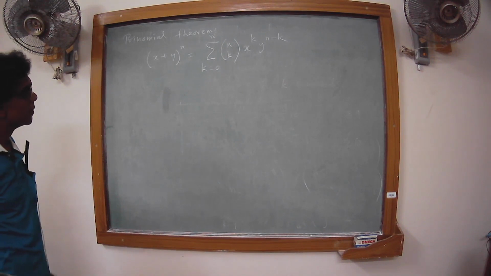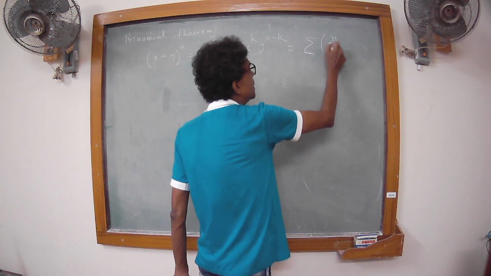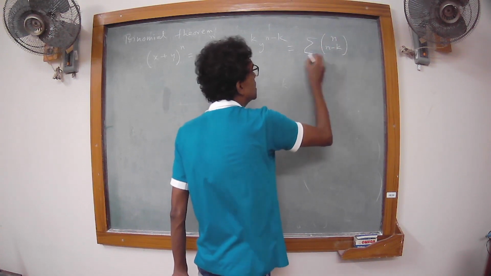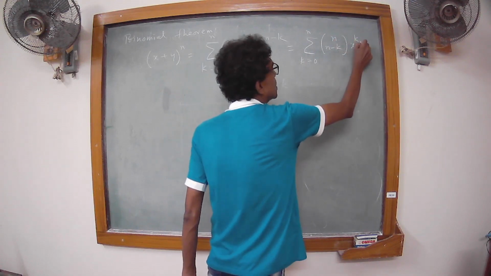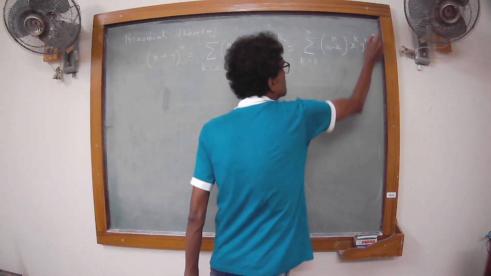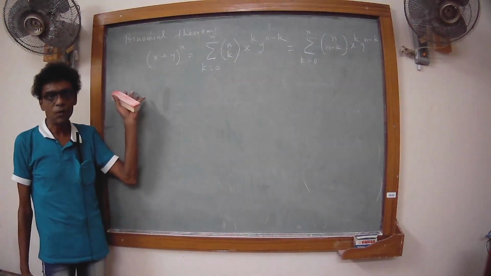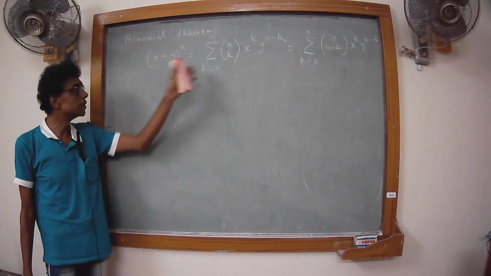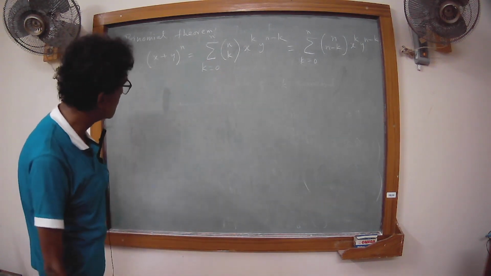Or n choose n minus k, they are basically the same thing. This is the standard binomial expansion. I am not going to the proof of this identity. You already know it. This is part of your higher secondary syllabus.